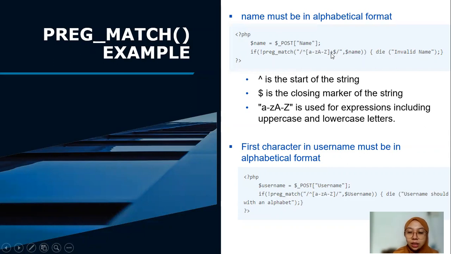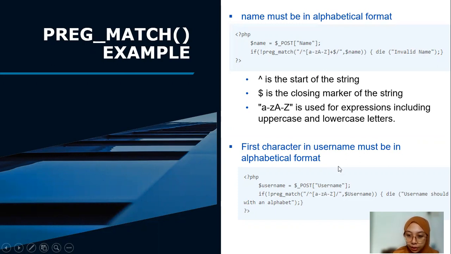Because we need just alphabetical. Alphabetical is from A until Z. So we need to write it here, in capital or uppercase and small case. Okay, so like this. If it's not matched, it will show invalid name. Okay.